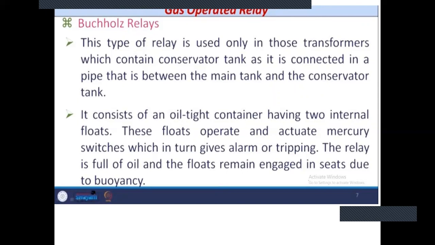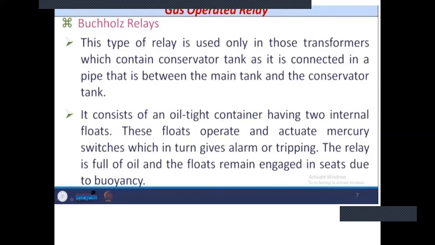The Buchholz relay consists of an oil tight container having two internal floats, and these two floats finally actuate the mercury switches provided below each float.